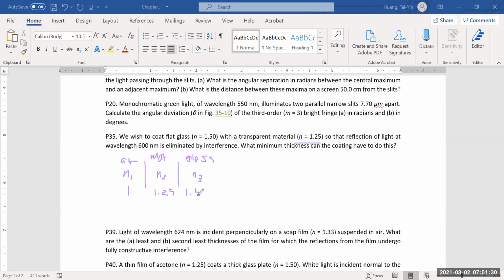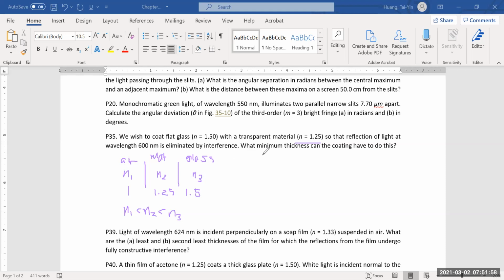Whenever you do thin film interference, the first thing you identify is how n1 compares to n2 and how n2 compares to n3. You can see that n1 is the smallest and it gets progressively larger, meaning n1 is less than n2 and is less than n3. So there wouldn't be any phase change due to reflection.